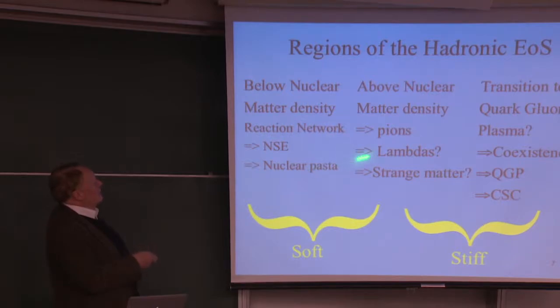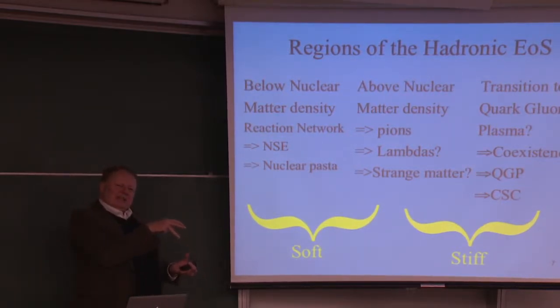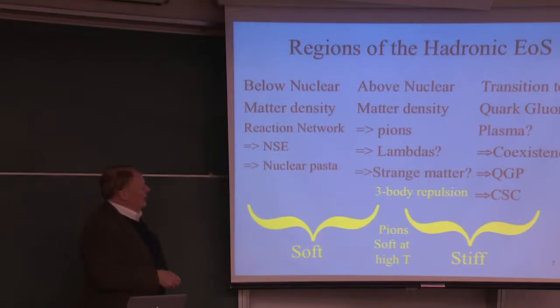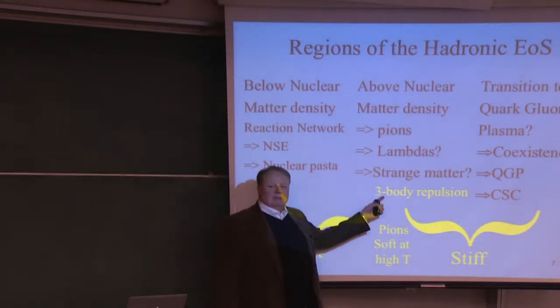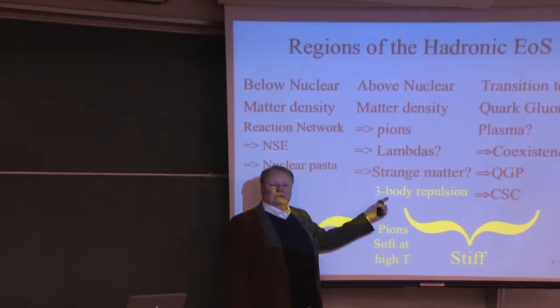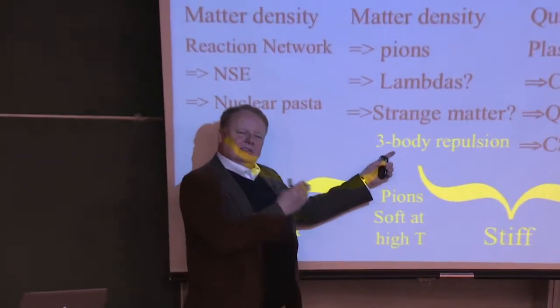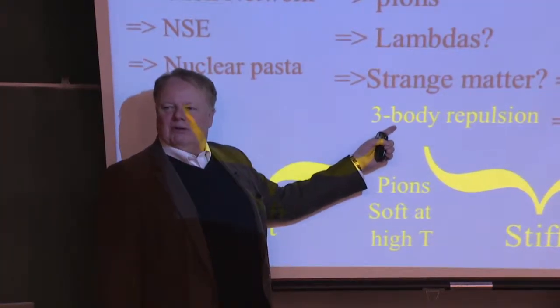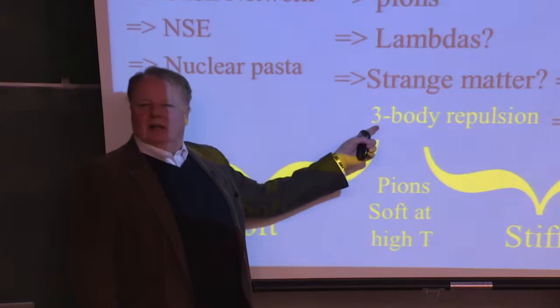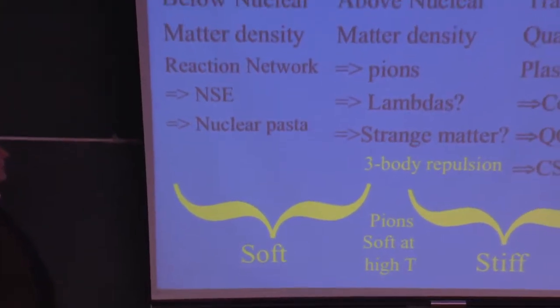So that's what softens the equation of state. But as the equation of state gets cold, you need it to be stiff. And in order to do that, we actually add a three-body nuclear force term that we deliberately force to be repulsive, and that gives us the right neutron star mass.